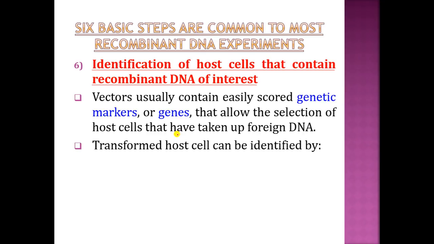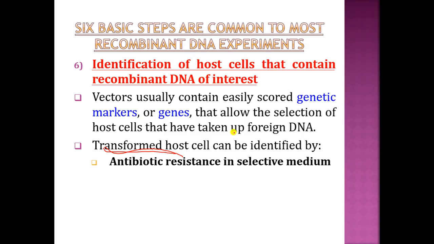We can identify these transformed host cells, meaning the host cells having our gene of interest, by antibiotic resistance. When they take up this particular plasmid having our gene of interest, the insert DNA, they develop certain antibiotic resistance, or they lose certain antibiotic resistance in selective medium. Based on that, we can identify.